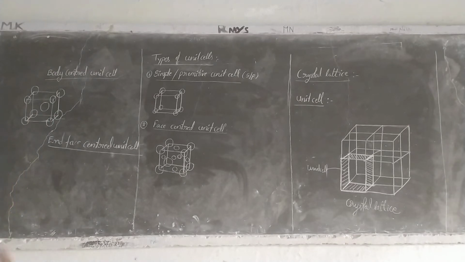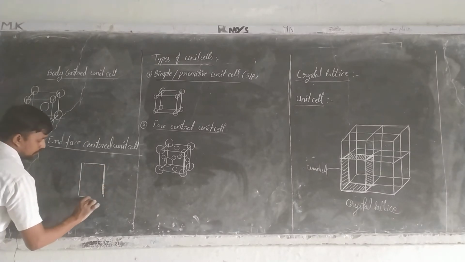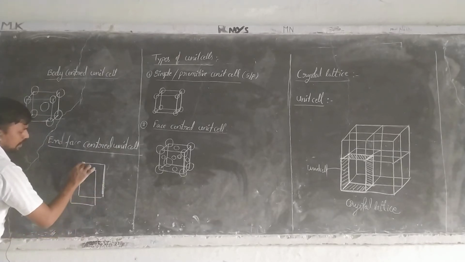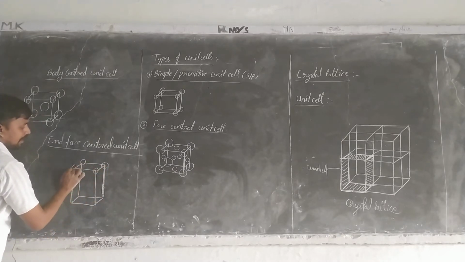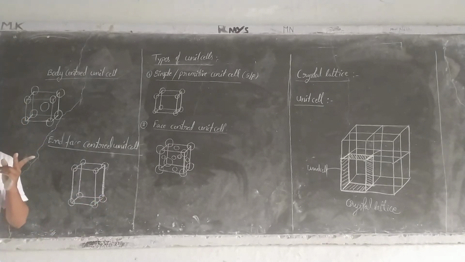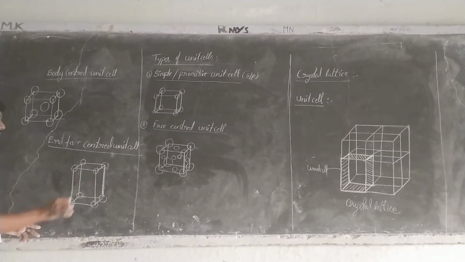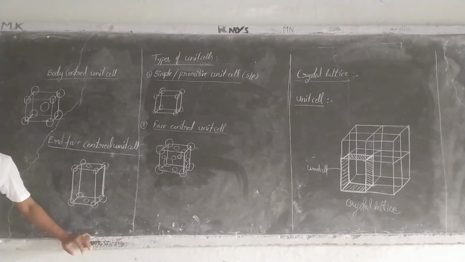So end face centered unit cell means constituent particles present at the corners of the unit cell and any two opposite faces, either these two or either these two or either these two, any two opposite faces. For suppose I will take these two. Okay, this is the end face centered unit cell.